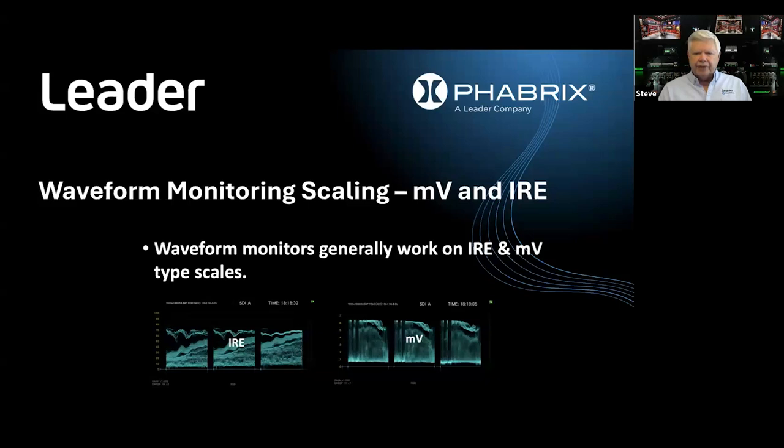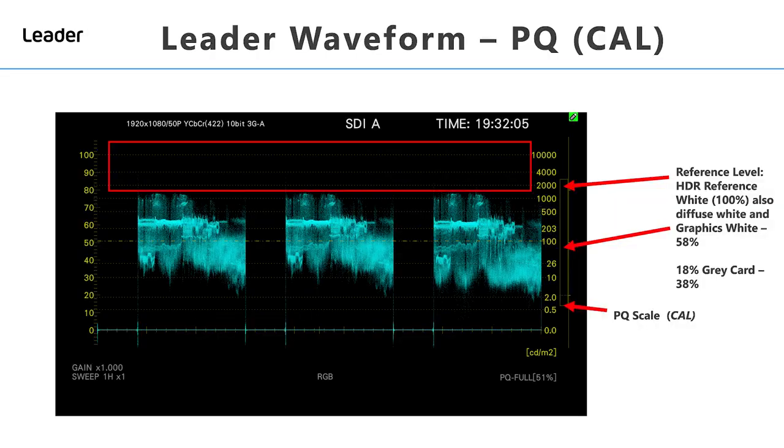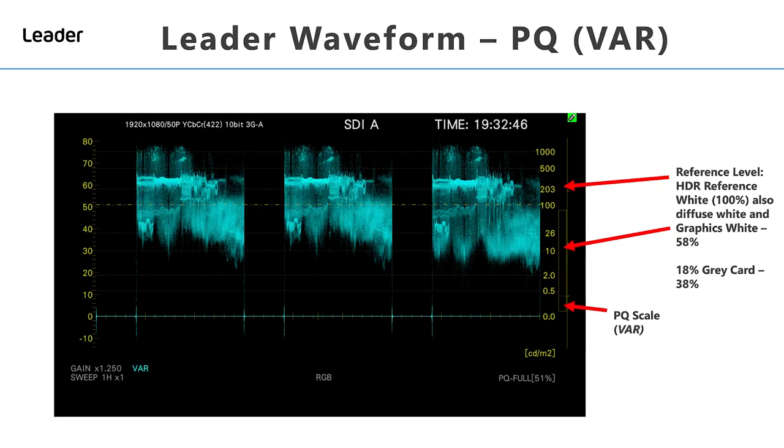And it even goes beyond this. When you get into HDR work, looking at PQ and maybe doing a 1,000 nit grade, 25% of the waveform screen is unused. You have the ability to zoom that out so that you have much greater resolution at the waveform you're looking at, which is being crunched down in the bottom 3/4 of the screen.